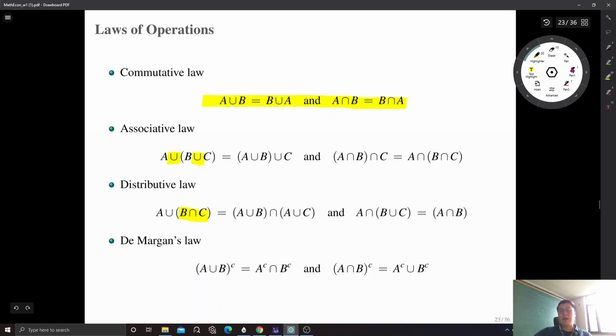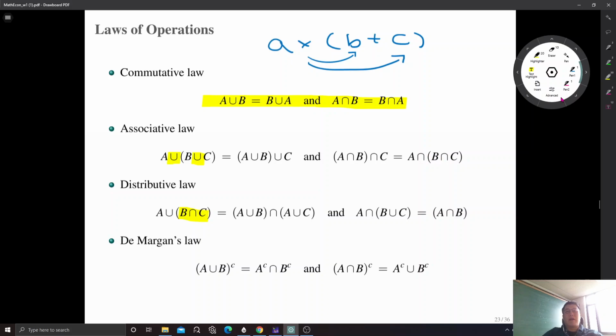Just as if we have A times B plus C, if we first do the addition of B and C and then multiply by the number A, then usually we distribute this constant A in the parentheses.